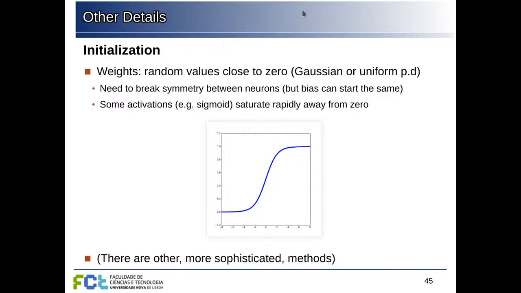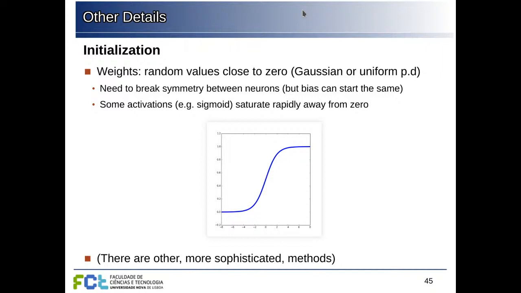One important thing is that we cannot have neurons that are exactly the same, because note that the updates to the neurons, the changes to the parameters of the neurons, are determined by the derivative of the loss function with regards to each particular weight.